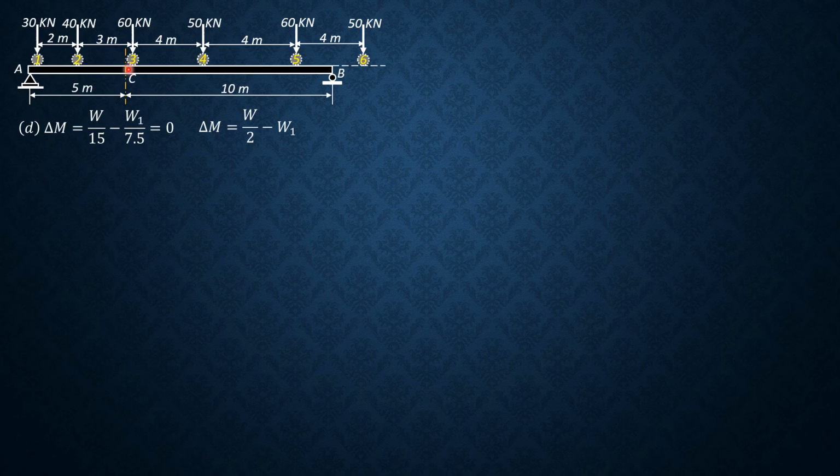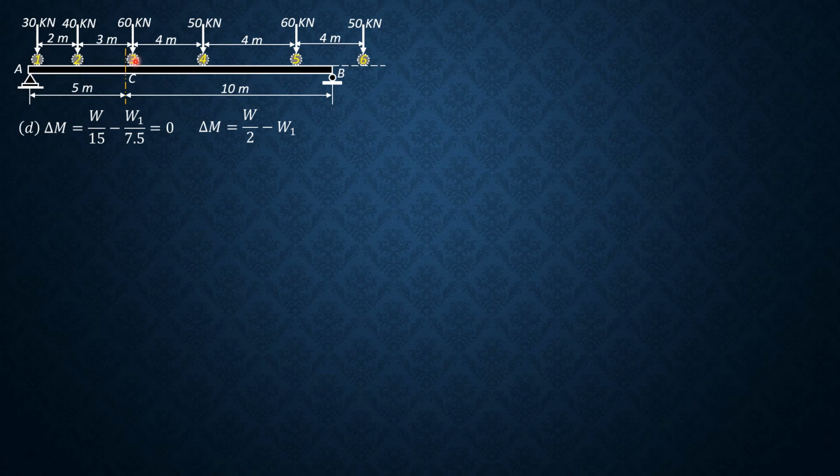So let's have loads 3 and 4, because if we consider load 5, that's also fine, but they will be closer to the supports. The 50 and this 50 kilonewton load will be closer to the supports.